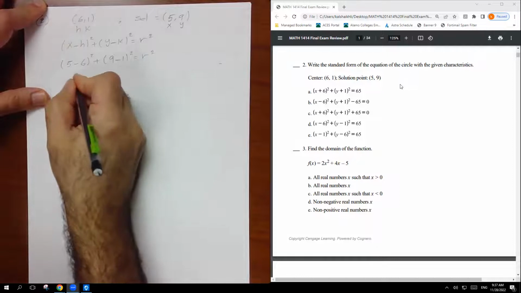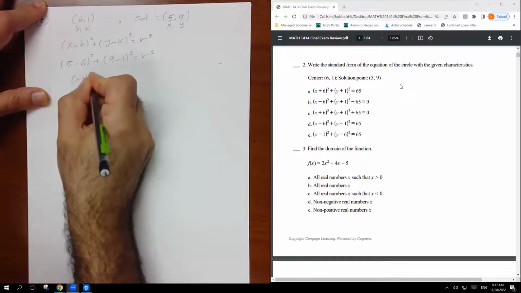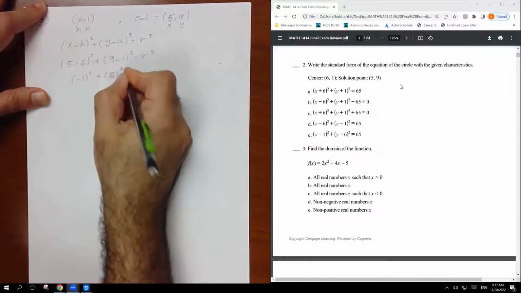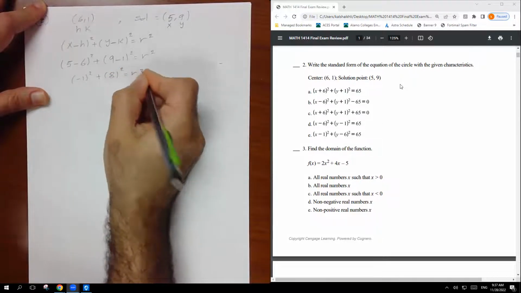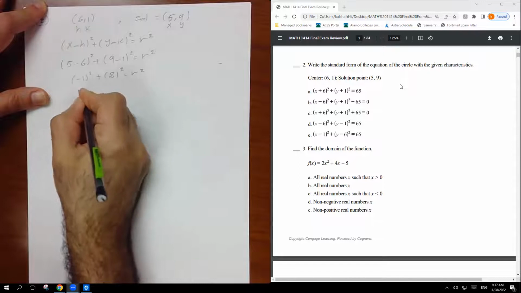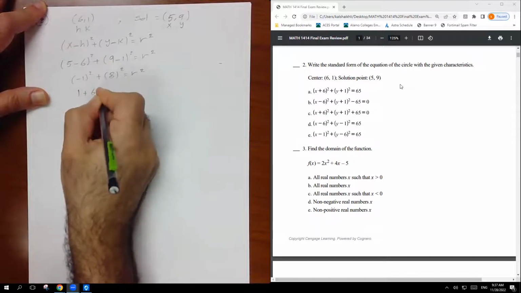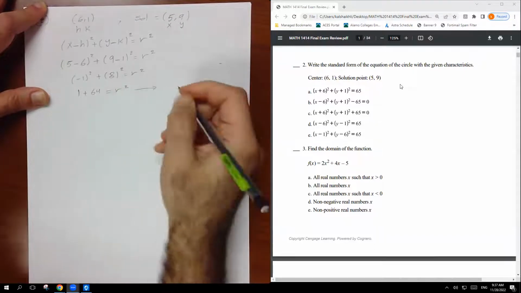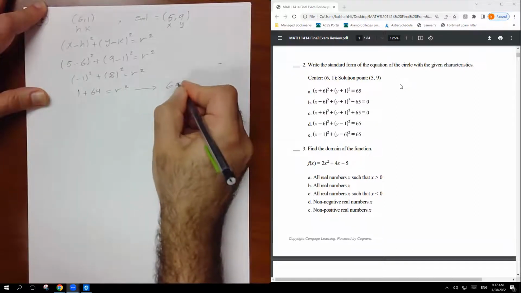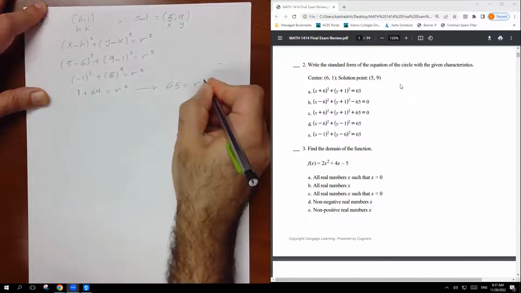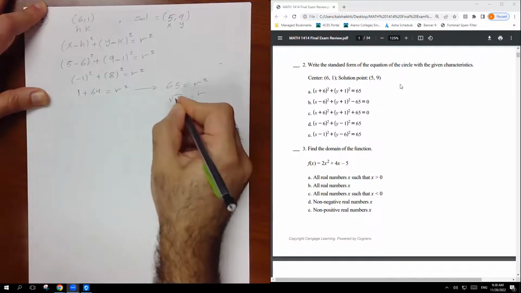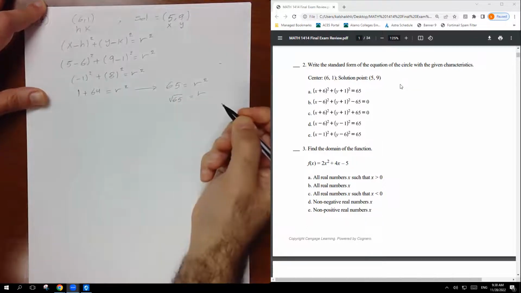So it's negative 1 squared plus 8 squared equals r squared. That means 1 plus 64 equals r squared. So 65 equals r squared. That means r is, taking the square root of both sides, the square root of 65.